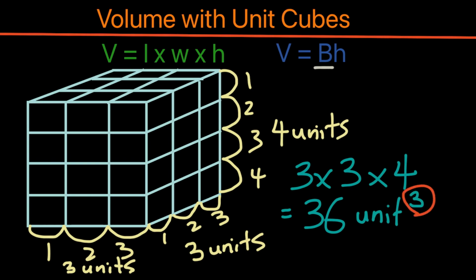Remember that the unit needs to have the cube there because this is a 3-dimensional figure. Whenever we are finding out the volume of a figure, it means that we are finding out the 3-dimensional part of it. And it's in cube because you're basically taking 3 units times 3 units and times 4 units.